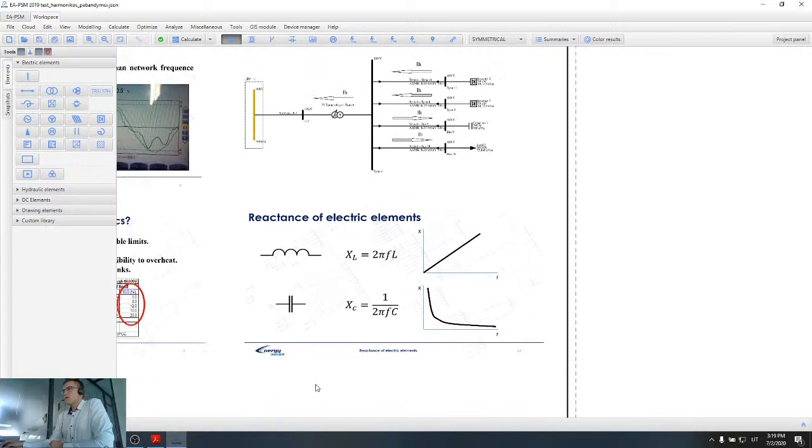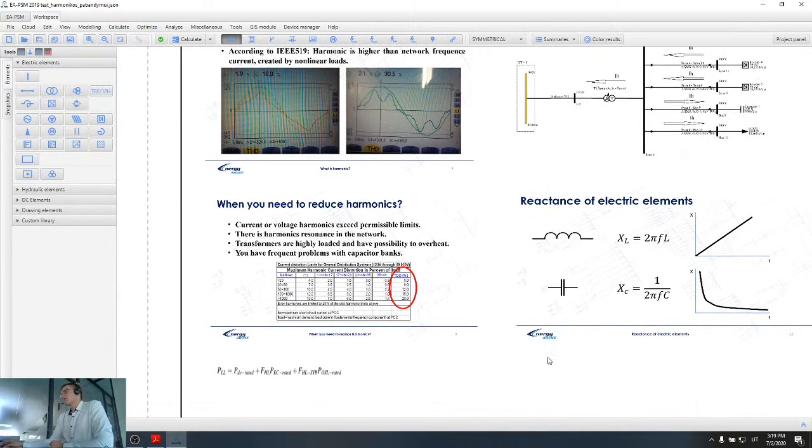So what are the main problems in electrical networks regarding harmonics? The main problem is overheating of the elements, especially of capacitor banks, because they consume a lot of harmonics and are more willing to overheat. Also, a lot of harmonics are flowing through the network transformers, so overheating of the transformer is another problem that can appear.